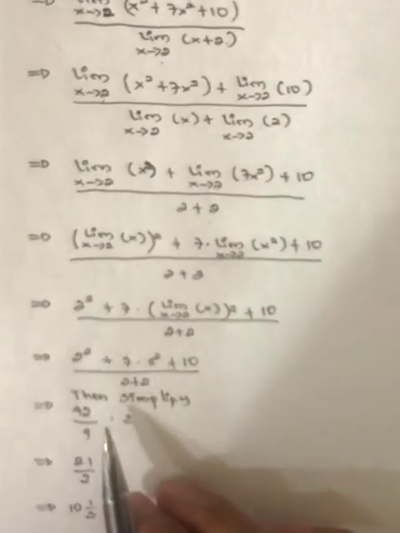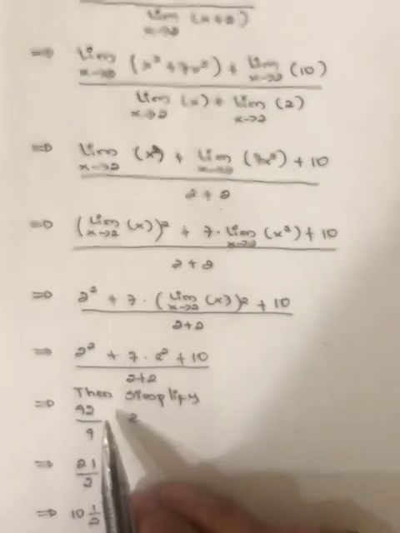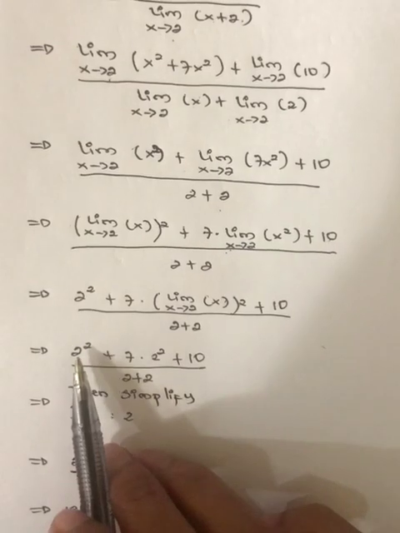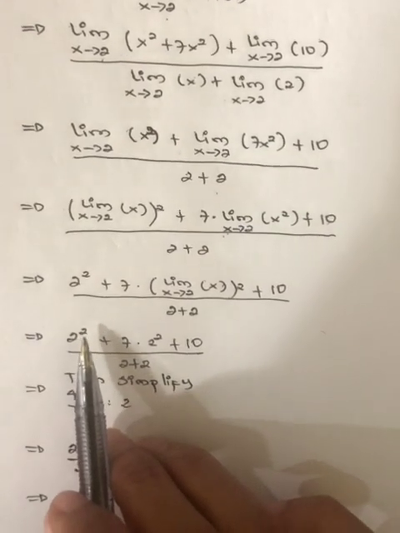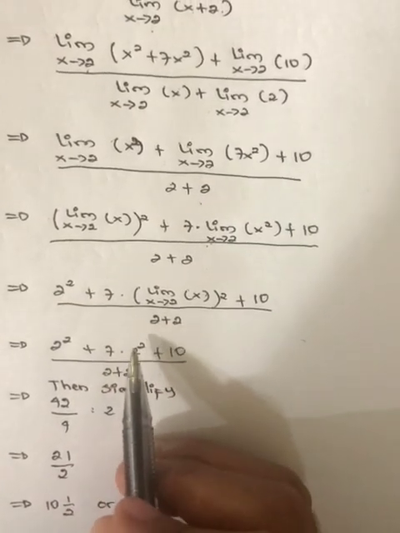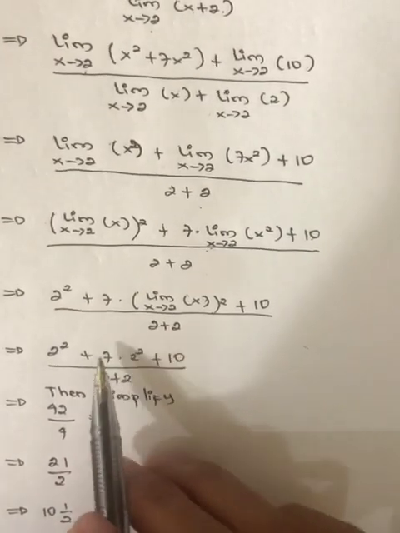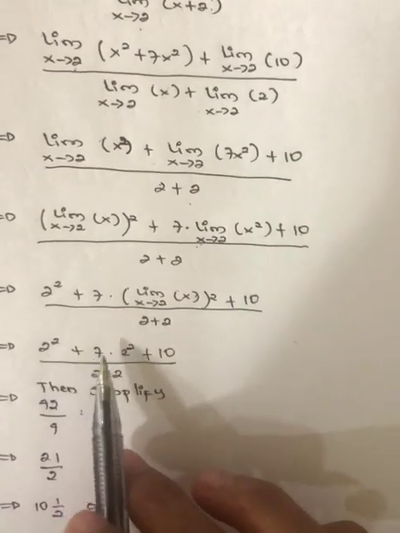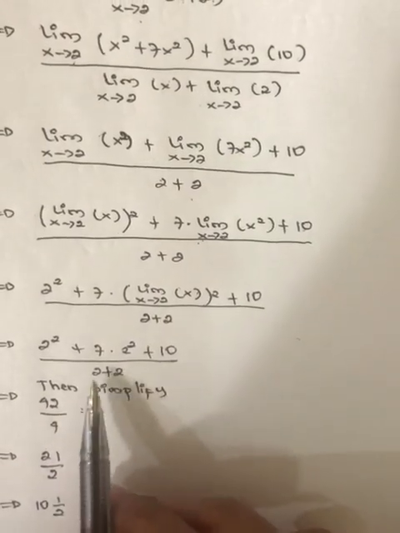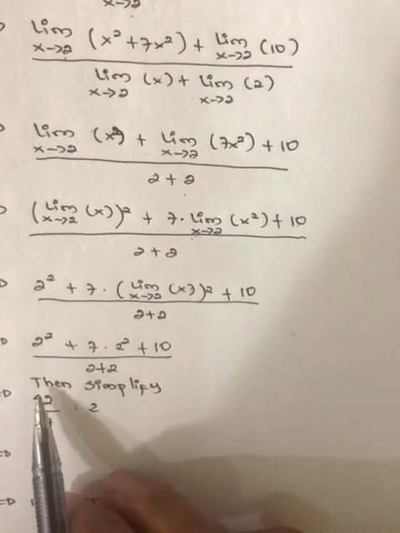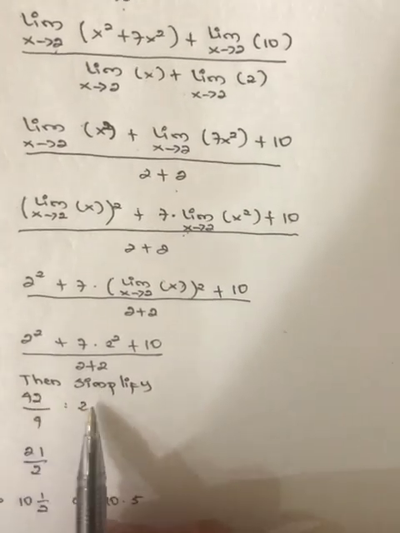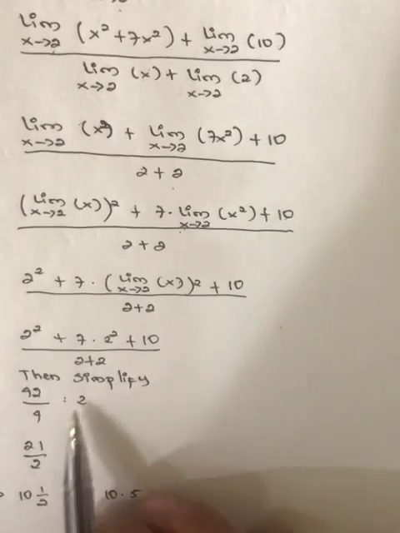Then simplified: 2 squared means 2 times 2 is 4, and 2 times 2 is 4, 7 times 4 is 28, and 4 plus 28 plus 10 is 42. 2 plus 2 is 4, and then 42 over 4 we simplify by dividing by 2: 42 divided by 2 is 21, and 4 divided by 2 is 2.